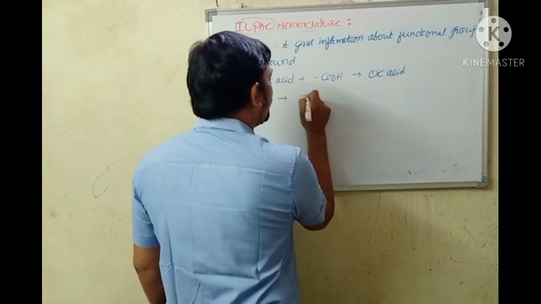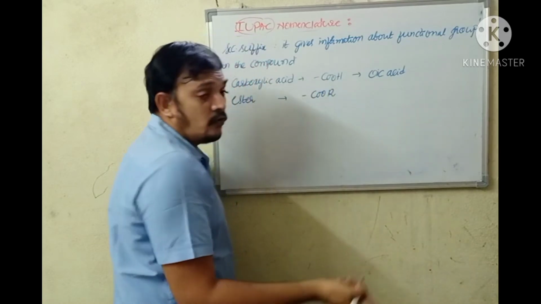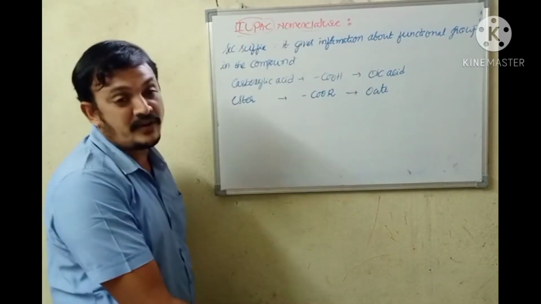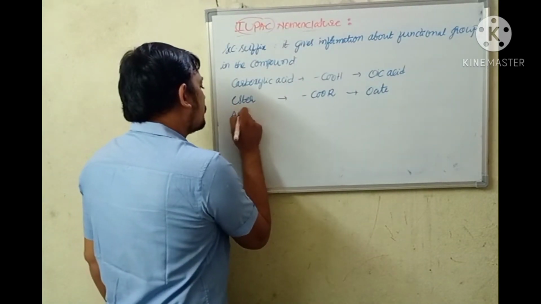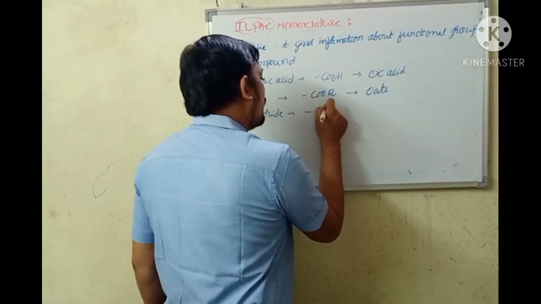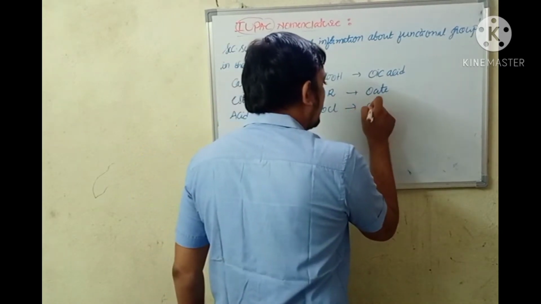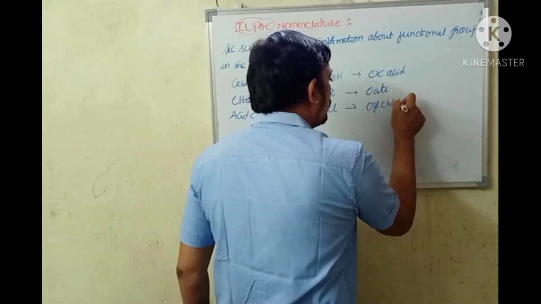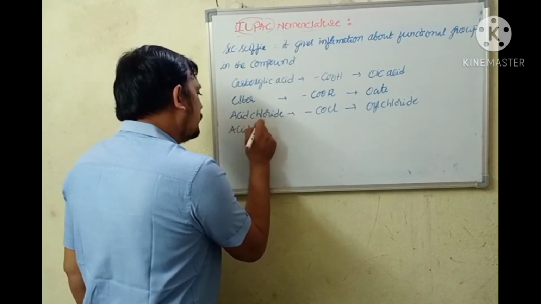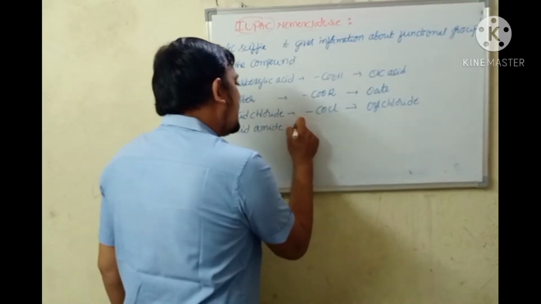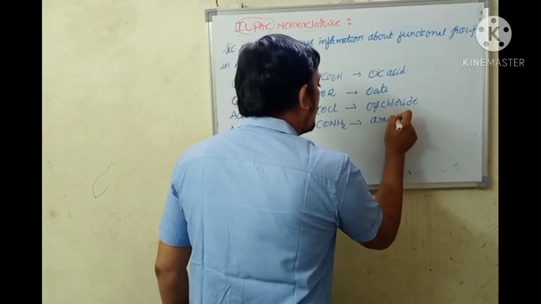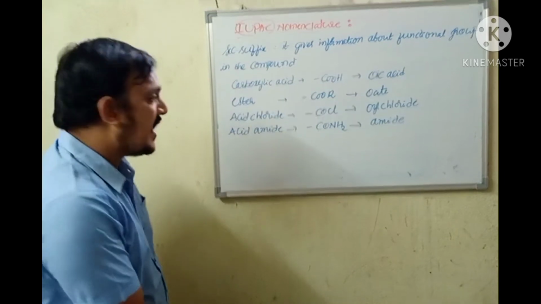Ester functional group is represented by formula COOR. It is given suffix alkyl alkanoate. If it is acid chloride with formula COCl, then secondary suffix will be oyl chloride. In the same way, acid amide, CONH2, is given suffix amide.